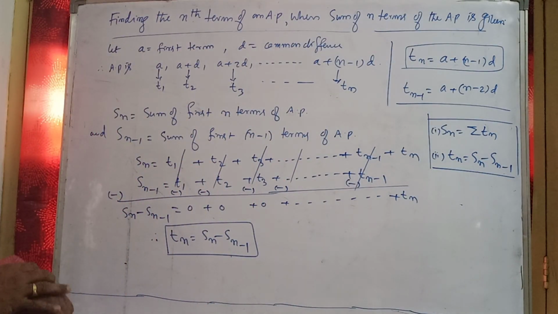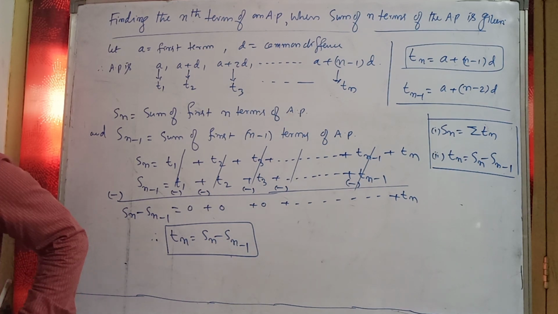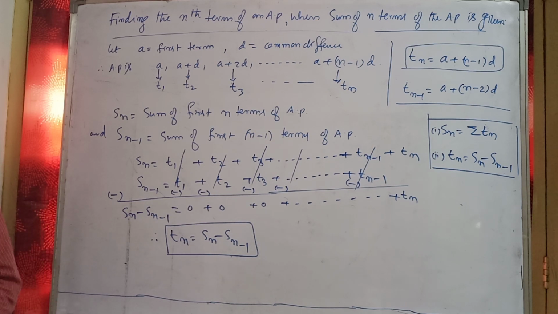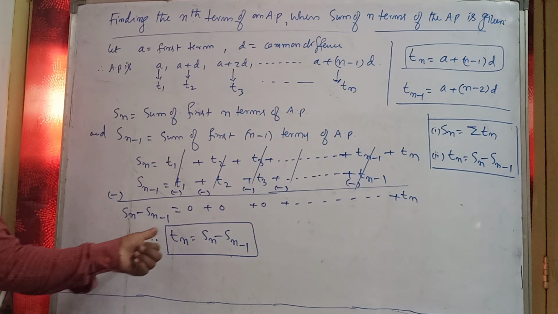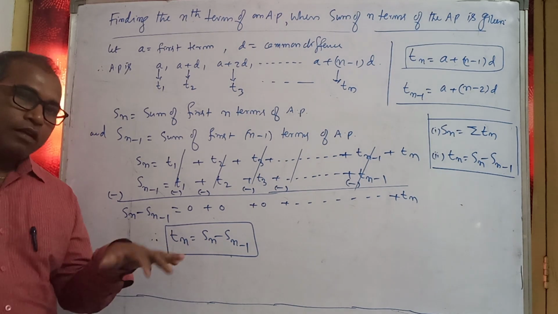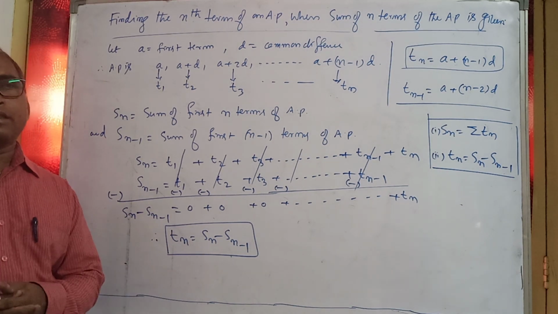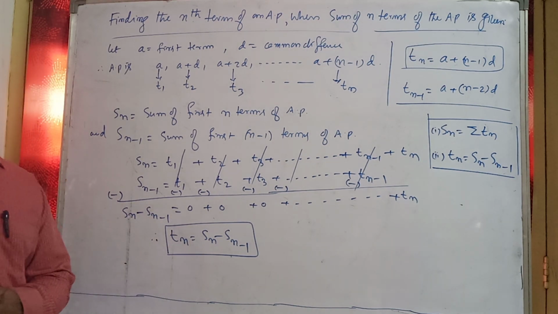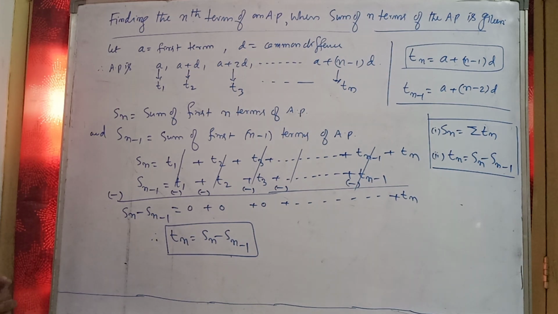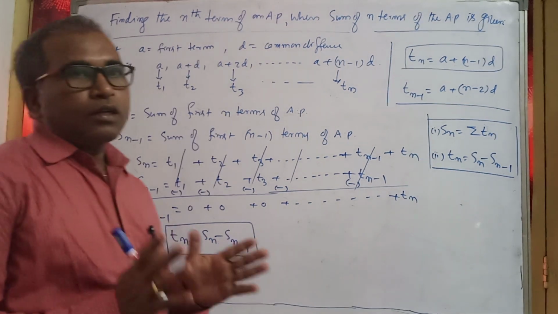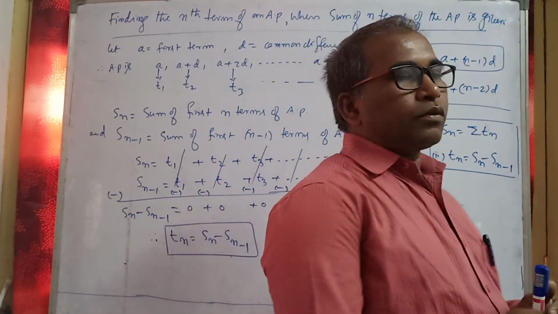Copy this. I will do one problem on how to apply this formula, then I will go to arithmetic means. What is an arithmetic mean? How to insert n arithmetic means between two given real numbers.